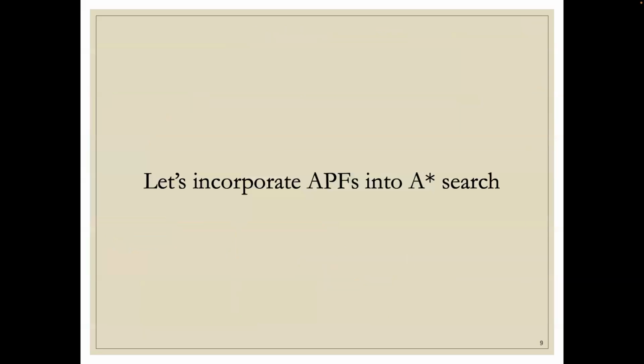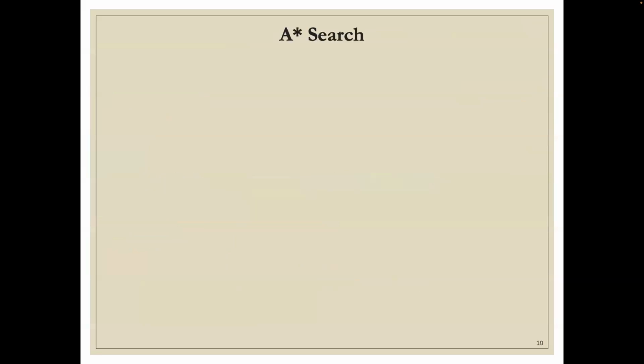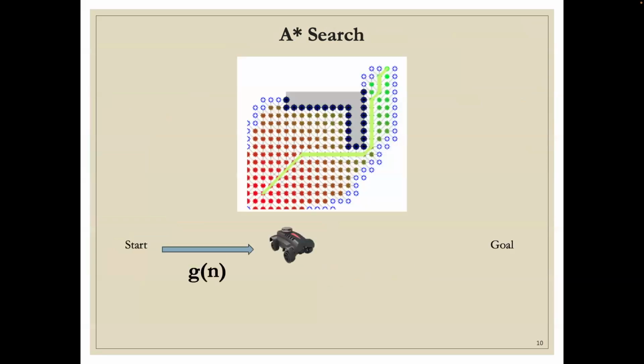So let's try to incorporate APFs into A-star search, a very popular single-agent pathfinding algorithm. A quick reminder of the building blocks of A-star search. For every node, we have a G value and an H value.